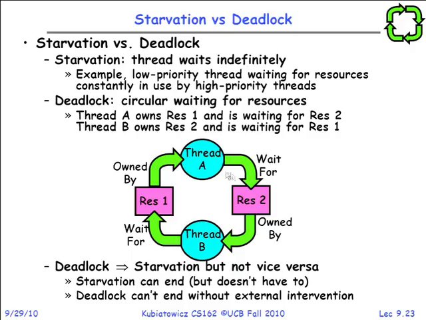It means that this thread A is not doing anything else but waiting for resource 2, so it certainly isn't giving resource 1 back to the general pot. And the same with thread B waiting on resource 1. So we really are in a situation where both threads are stalled waiting for something, and they're never going to release the thing they've got, and we're just stuck in a cycle.